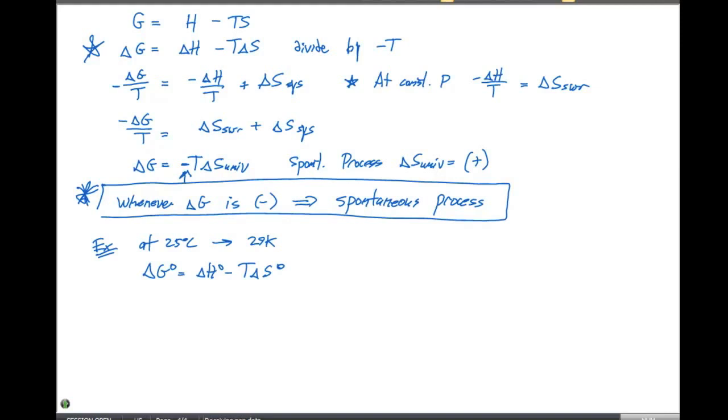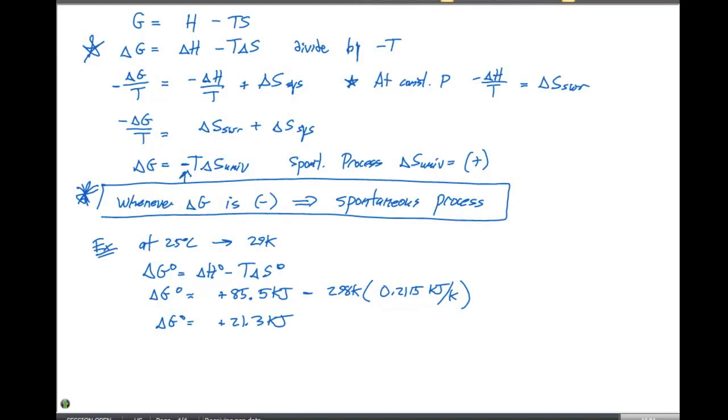So here we can say that our delta G naught is going to equal the delta H naught value, which we calculated to be 85.5 kilojoules, minus T, which is 298 Kelvin, times 0.2115 kilojoules per Kelvin, and we have to convert that delta S value over to kilojoules. So this will tell us that our delta G naught, if we do the math, is going to be positive 21.3 kilojoules.